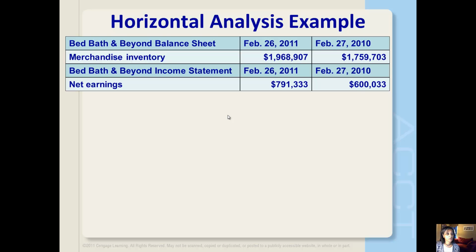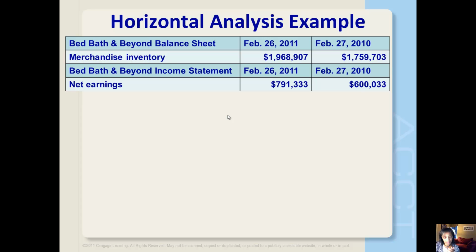So here's an example. Remember, we mentioned Bed Bath & Beyond as a publicly traded corporation, so we're going to use them in our example. Horizontal analysis is a method of analyzing a company's account balances over time, recall. It's normally conducted on both the balance sheet and the income statement, so that's why we have snippets of both statements for Bed Bath & Beyond.